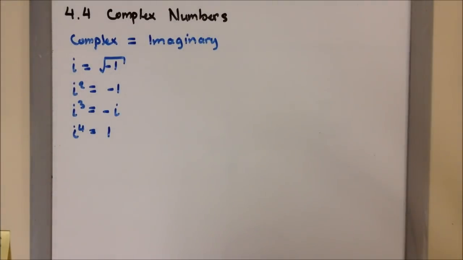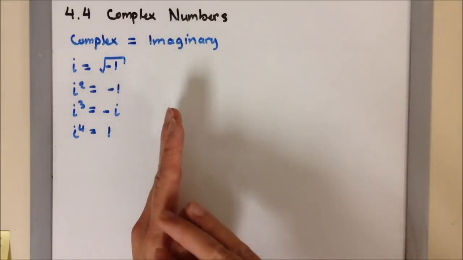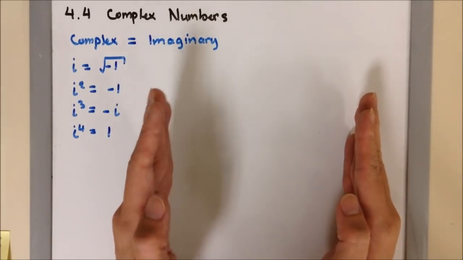Now, I mentioned before in my classes that we're going to be working with complex numbers, also known as imaginary numbers. To clarify, I make a distinction between invisible numbers, meaning the invisible 1, and imaginary numbers.